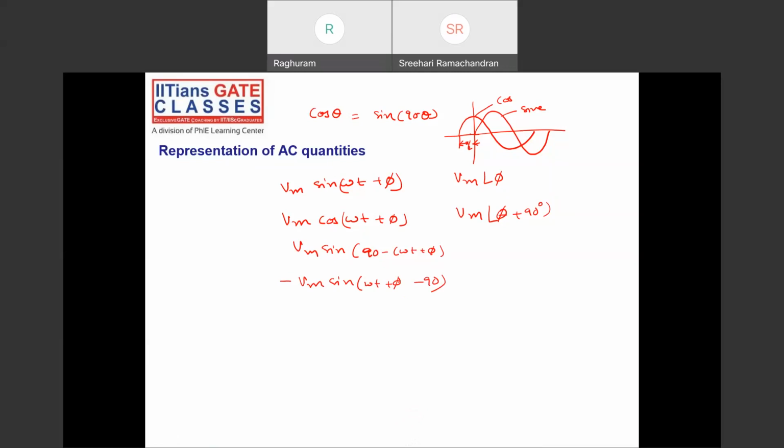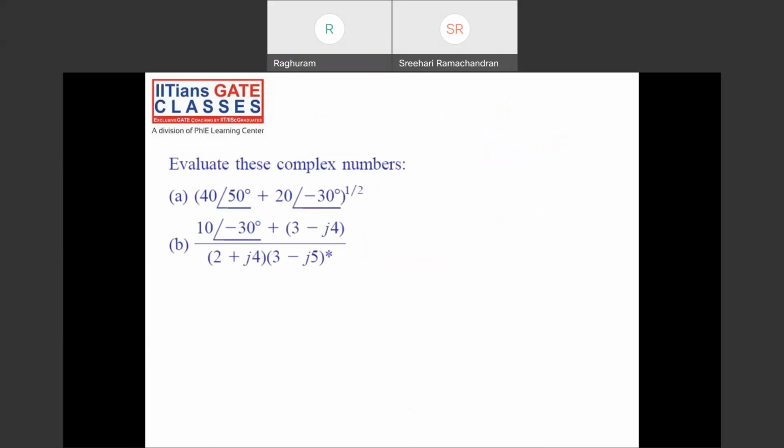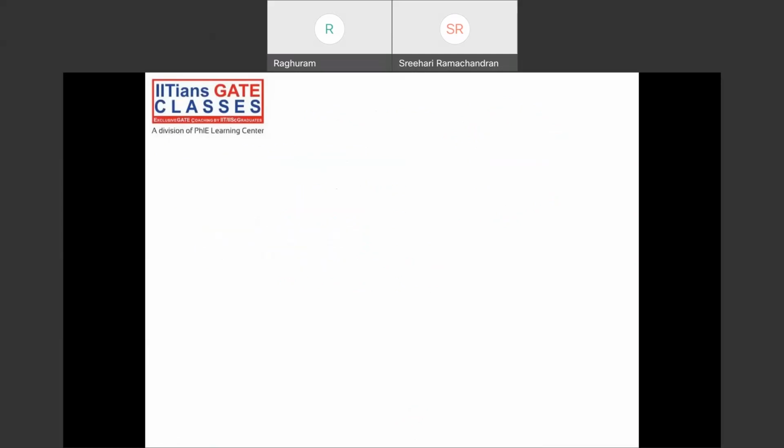This is how you can write this. Complex numbers, you have two forms, polar form and rectangular form. How to write in polar form and rectangular form?